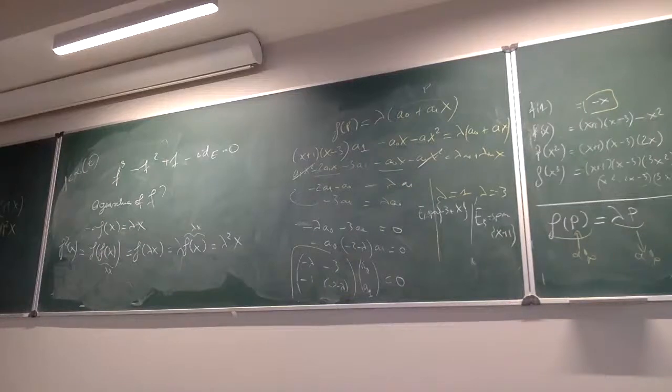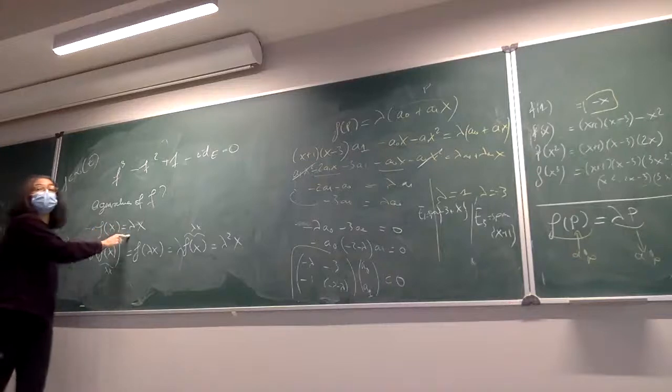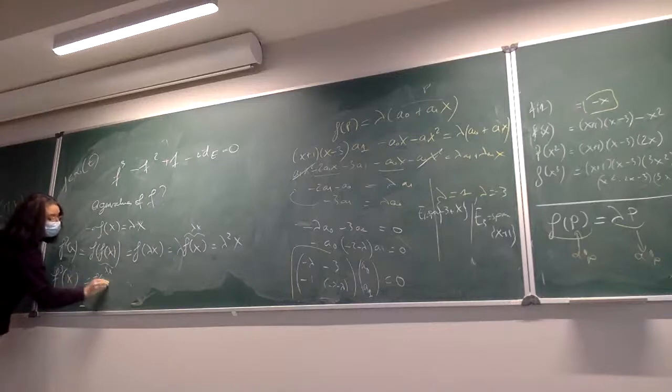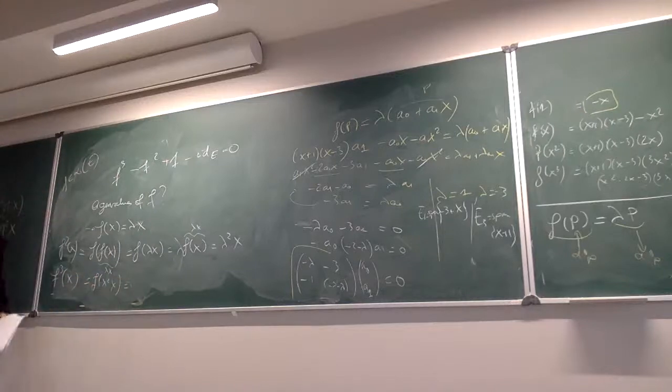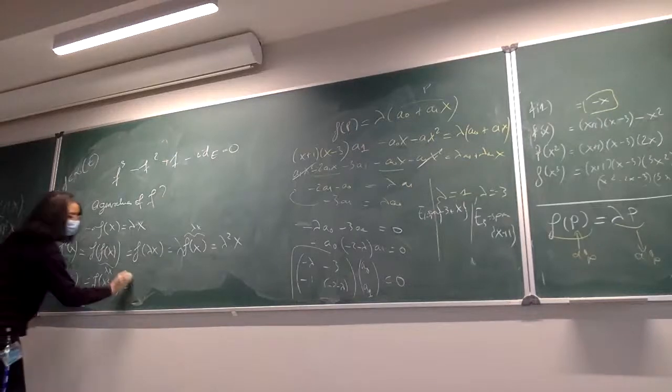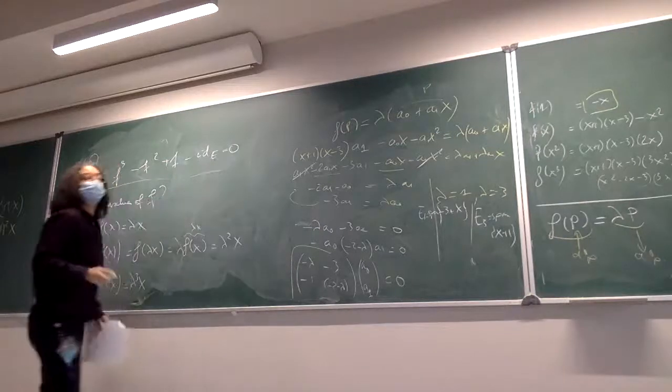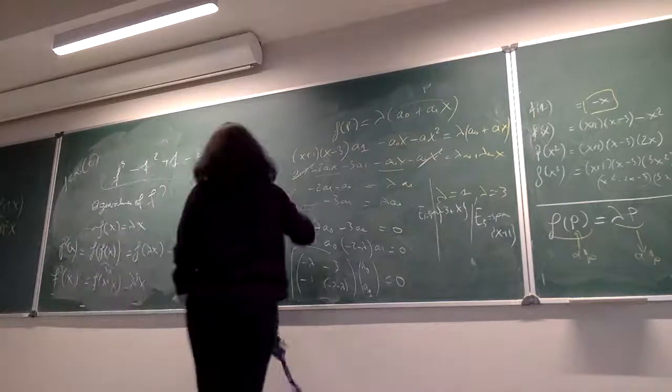So, moral of the story, if you've got a linear map with some eigenvalue lambda, lambda squared is going to be the eigenvalue of the squared map. If you apply f again, you just apply f to lambda squared x, and of course you're going to get lambda cubed. Right? And so on.